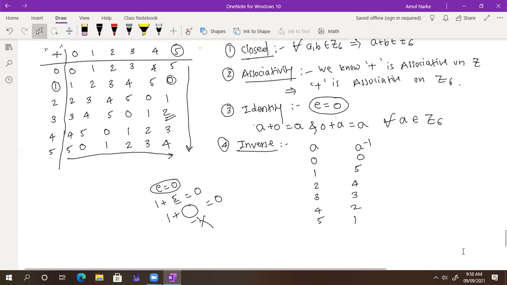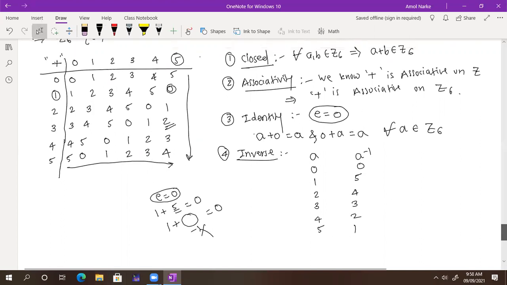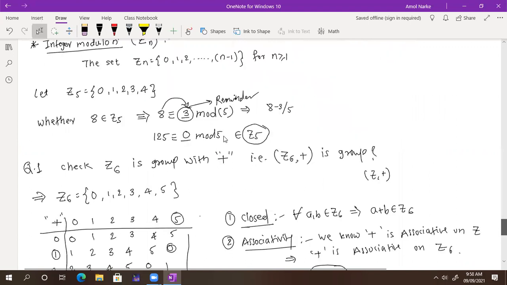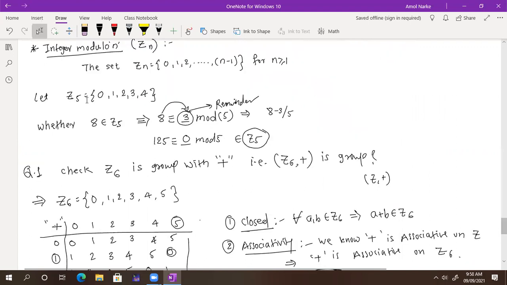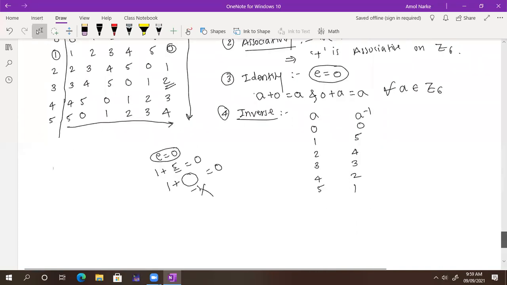If I have Z5 with 0, 1, 2, 3, 4, and 8 belongs to Z5, I need to find the remainder. 8 is congruent to which number mod 5? So I write down the remainder. This addition is modular addition. It's not a normal addition.